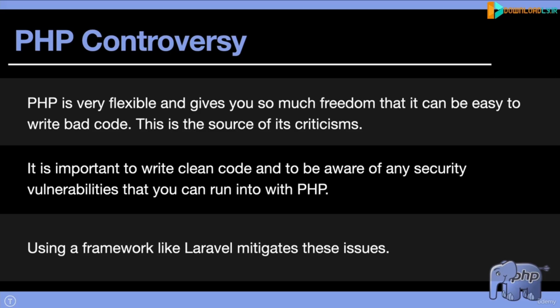So it's easy to write sloppy code, and it's easy to write insecure code. Now, with that said, the solution for this is to learn how to write clean code, and this is something that we'll go over in this course, and we'll be using a lot of object-oriented programming, which is really what you want to do if you're just using vanilla PHP. We'll also be using a lot of modern PHP features like namespacing and auto-loading.